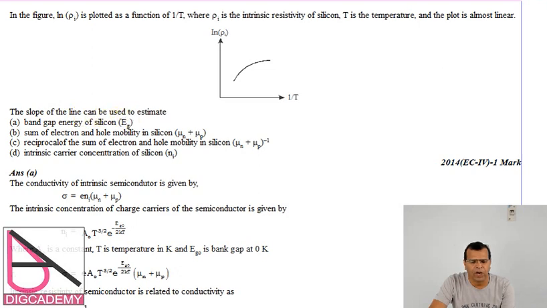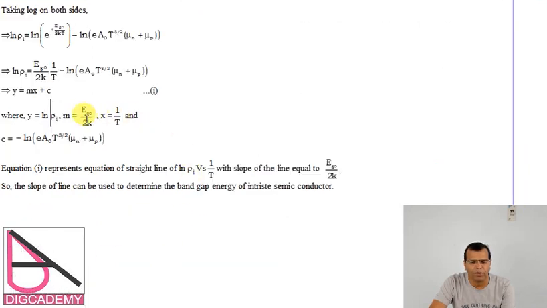How? Because the slope is a function of the band gap. That means the slope of the given curve can be used to determine the band gap energy of the intrinsic semiconductor.